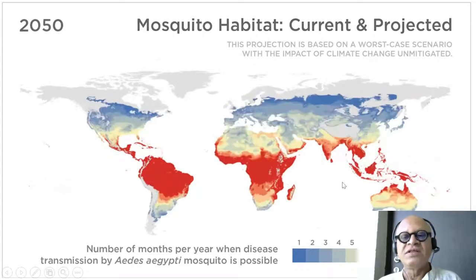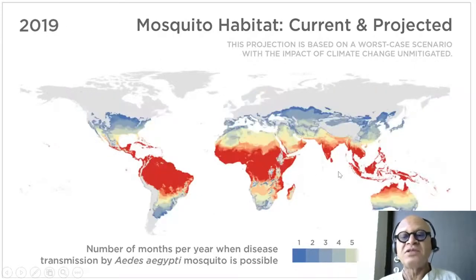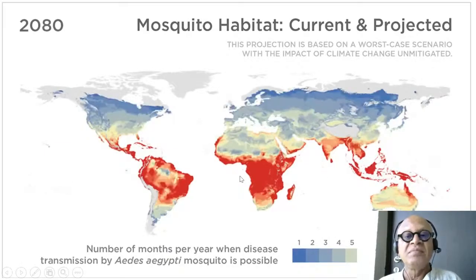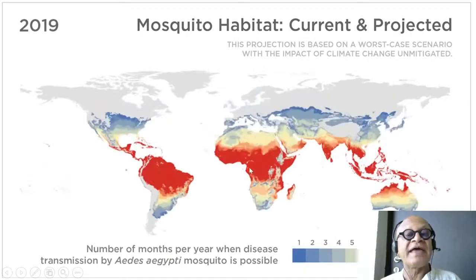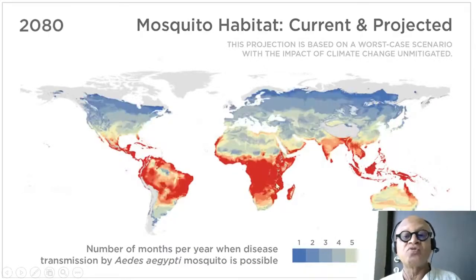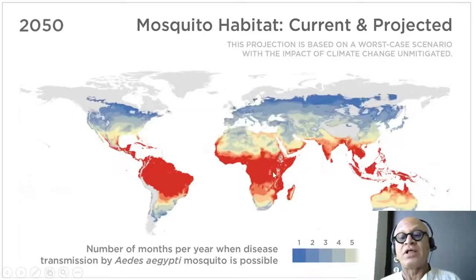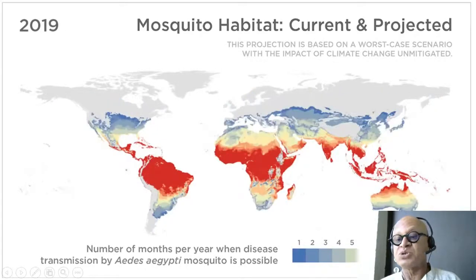Of course, the global south and the deep tropics are already quite vulnerable to them, but with warming and extreme rainfall, and sea level rise, they are going to become hotspots as well. But they are pretty much susceptible throughout the year.